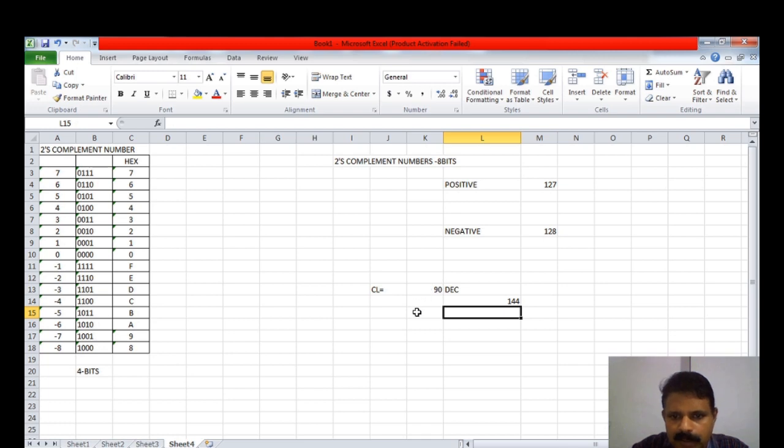It will be 144. The number will be 144 in unsigned arithmetic. If it is in signed arithmetic, what will be this number?